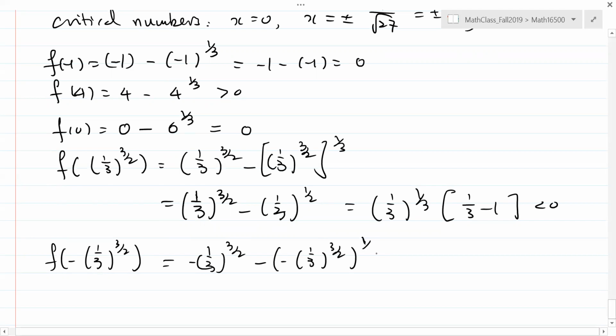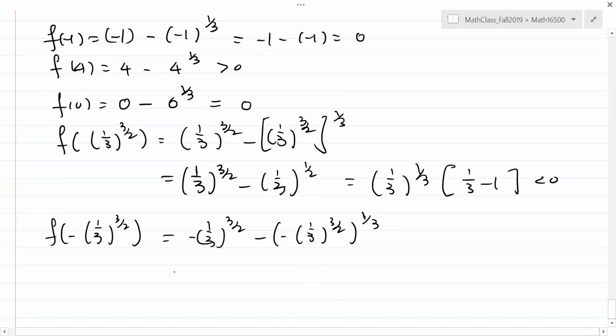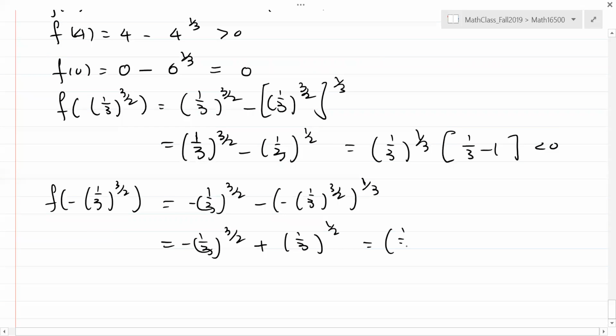You take a negative sign out, and the same idea gives negative 1/3 plus 1. It's greater than 0.